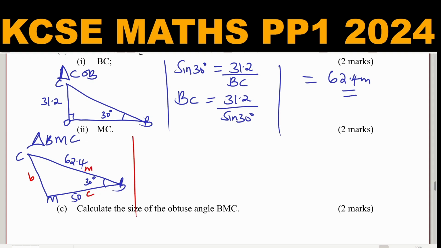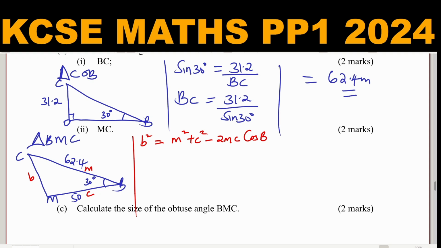Using the cosine rule, B squared, remember B is MC, is equal to M squared plus C squared minus 2MC cosine of B. If we substitute everything there, it will help us to get CM.